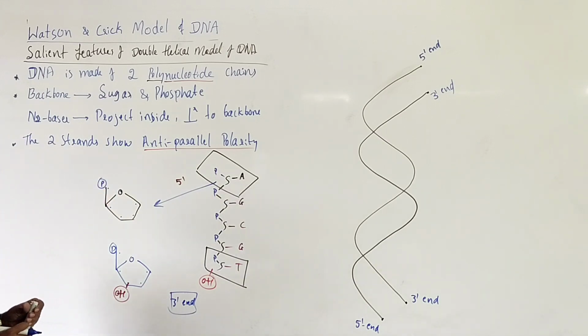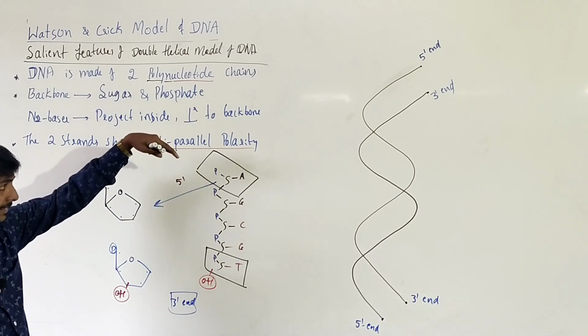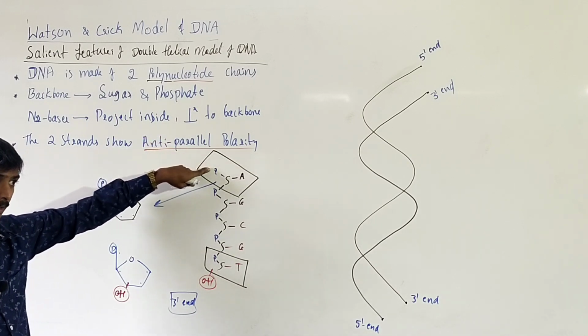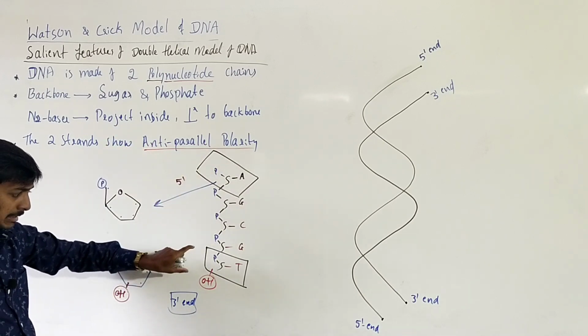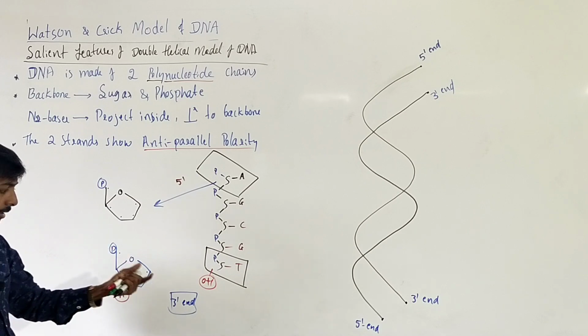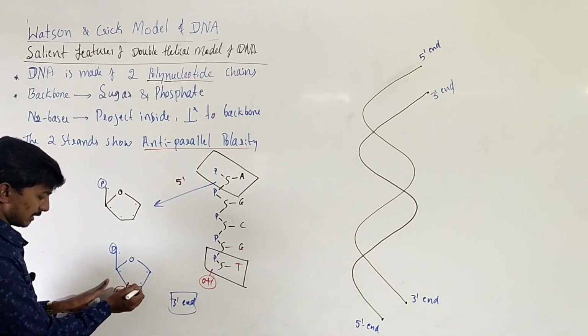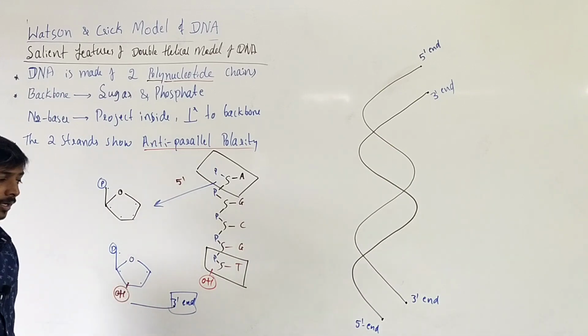Means at the first nucleotide, the 5th carbon has a free phosphate group, so it is a 5' end. At the other end, this nucleotide has a free OH group at the third carbon, first, second, third carbon, so it is named the 3' end.